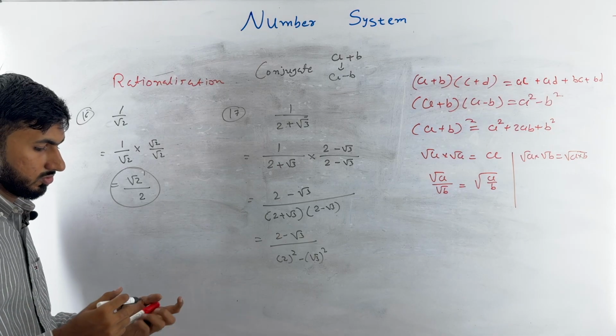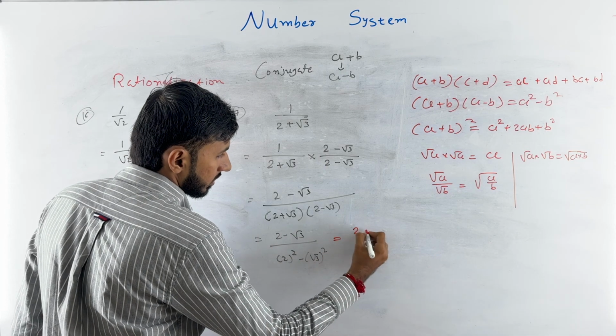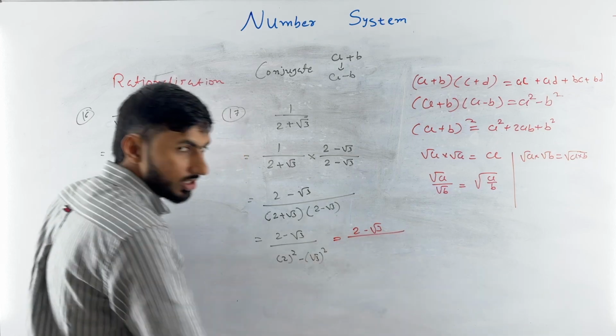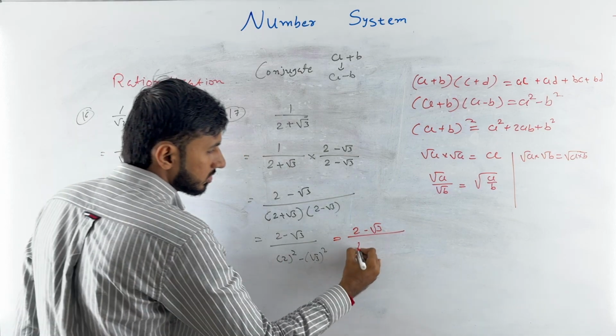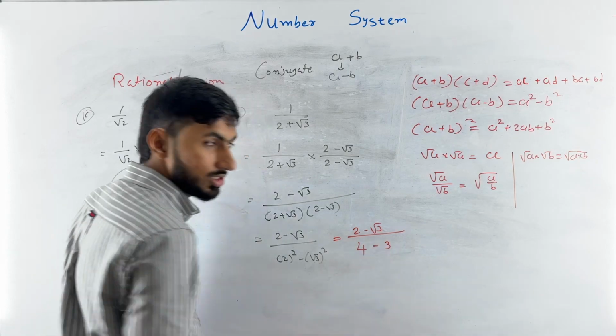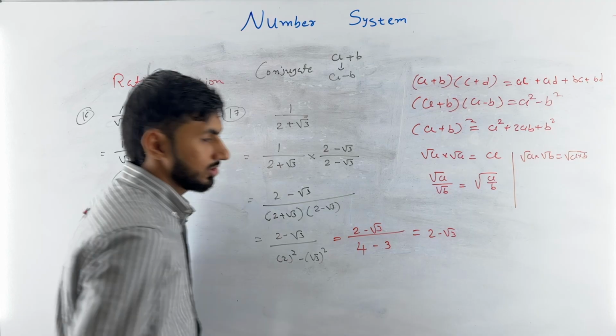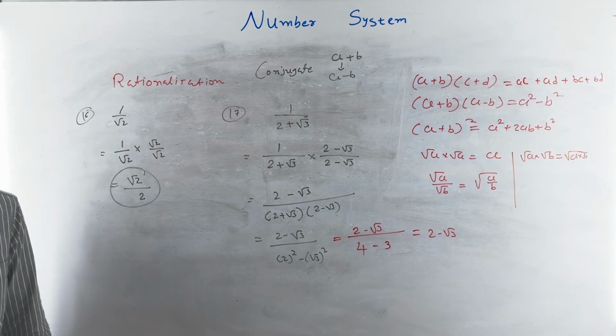So the numerator will be 2 minus root 3 and the denominator will be the square of 2, which is 4, minus the square of root 3, which is 3. So my answer will be 2 minus root 3. Yes, simple as that, right?